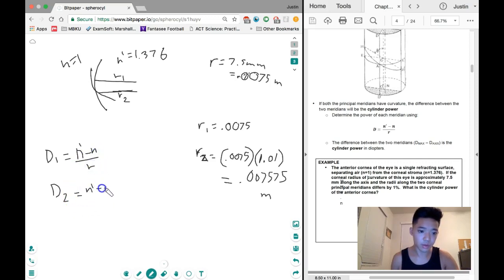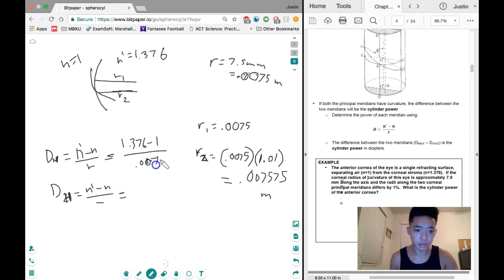Okay, so this is how you want to set it up. Because again, we're looking for, in some ways, dv and dh. Maybe I'll write that instead of d1 and d2, because we sometimes use d1 and d2 for back and front surface. This is dv and dh. So you want to use 1.376 minus 1 over r on both powers.